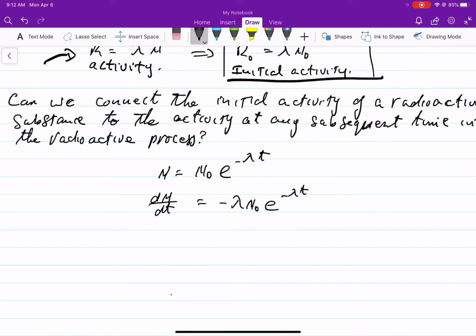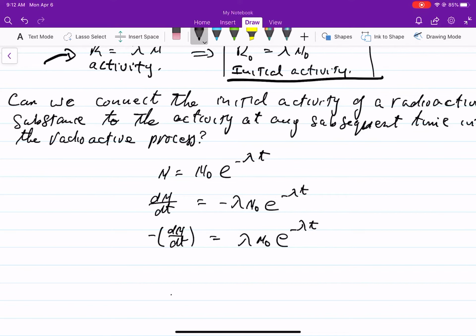I'm going to multiply both sides by minus 1. And this becomes minus dn dt is equal to lambda n0 times e to the minus lambda t.